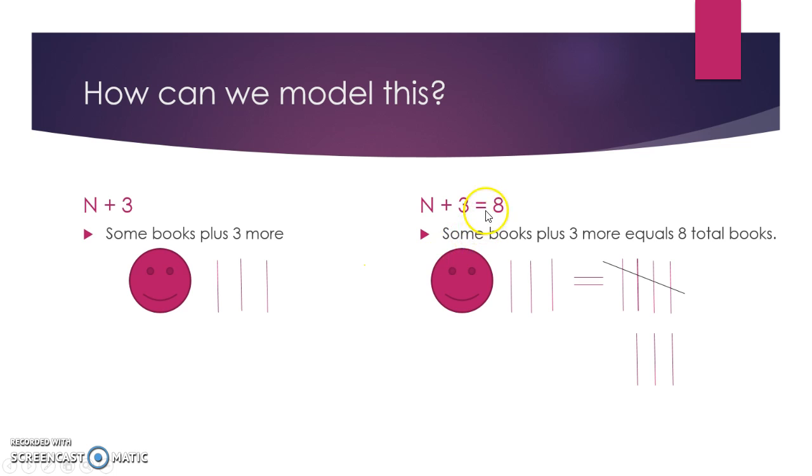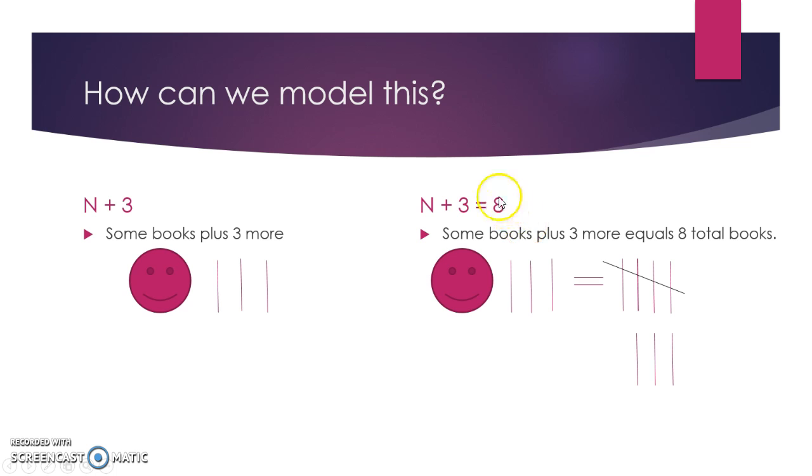If I know what it equals, so I know the total, and I know one part, I can figure out the other part. Some books plus 3 equals 8 total books. So I can say if something plus 3 equals 8, then the unknown thing has to be 5.